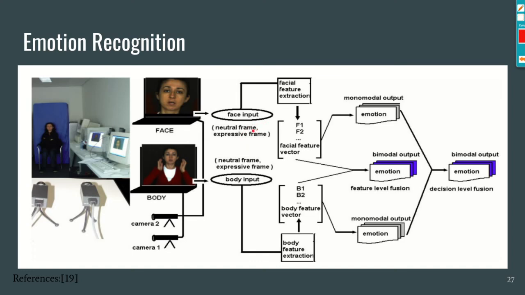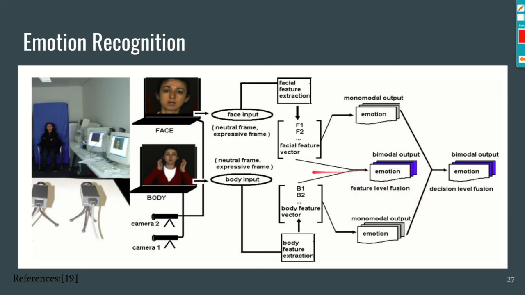First, they extracted the features from the face input, and then the features of the upper body. Then they used two methods, a feature level fusion method and a decision level fusion method, in order to detect which one is better to recognize emotions.